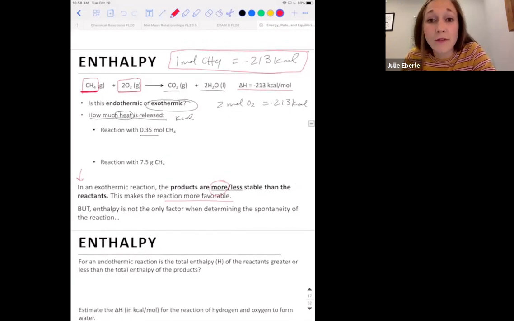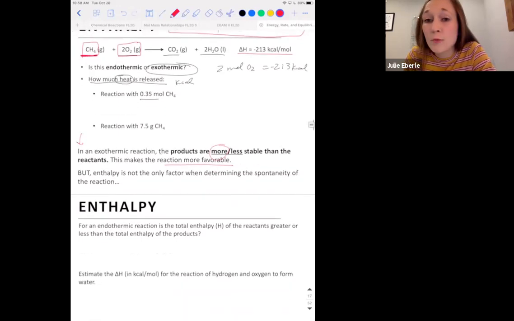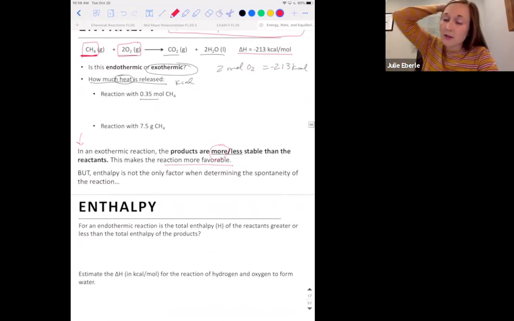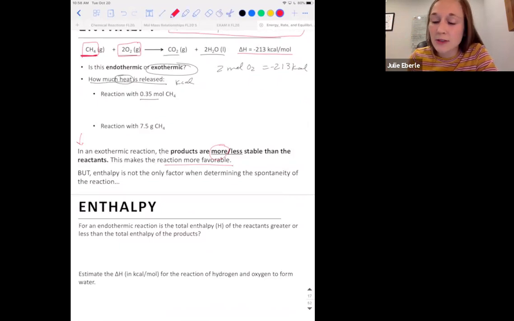Vice versa, if it's an endothermic reaction, overall you're absorbing heat, delta H is positive, your products are less stable because they have gained energy, and that is an unfavorable reaction. All right. But remember, we said this is a very complex thing. It's not reductionistic. We can't reduce it down to, well, if delta H is positive, that's favorable, and if delta H is negative, that's not favorable.